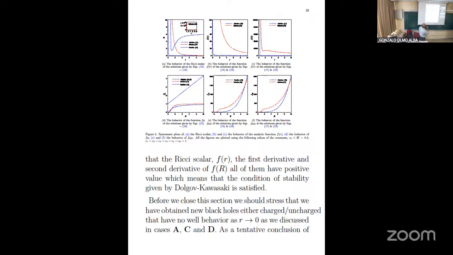As you see, this is the behavior of the three solutions that we obtained. This is the behavior of the Ricci scalar, and this is the behavior of f(R) for solutions 15 and 16, and this is the behavior of f(R) for solutions 17 and 18. And this is the behavior of the first derivative, and this is the behavior of the second derivative.